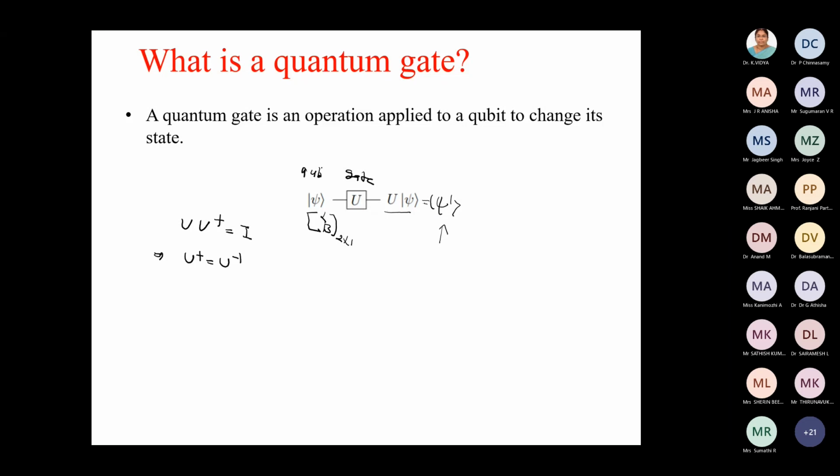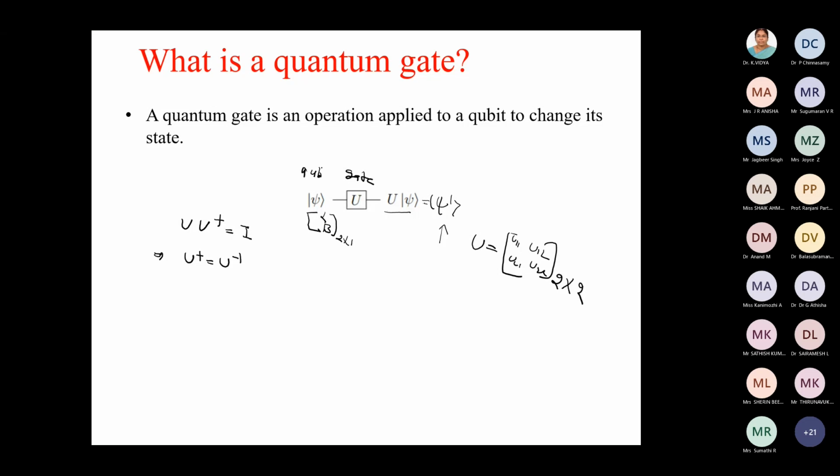So I can write this single qubit gate as a matrix too. U I can write as a matrix of 2 cross 2. A single qubit I can write as a 2 cross 1 column vector state, and a quantum gate I can write as a matrix U11, U12, U21, U22.